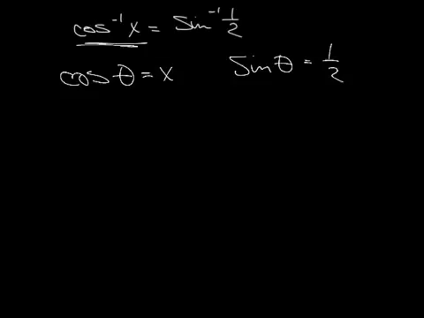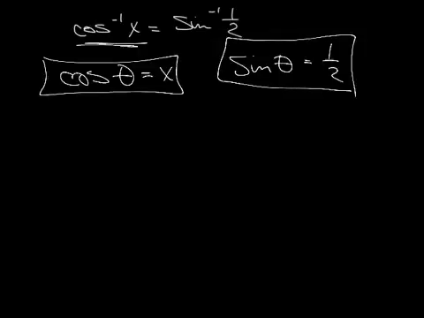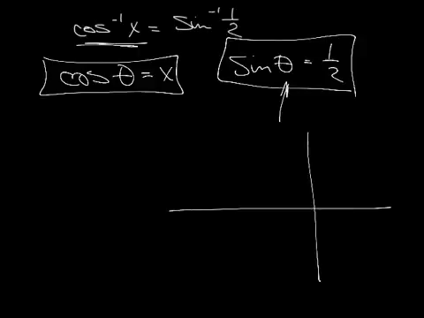So I didn't really do anything except look at both sides of the equal sign and switch to cosine and sine instead of the arc cosine and arc sine. So what I'm looking for is an angle that gives me a ratio of 1/2. And if I graph this, sine is positive, so it's going to be in the first or second quadrant.